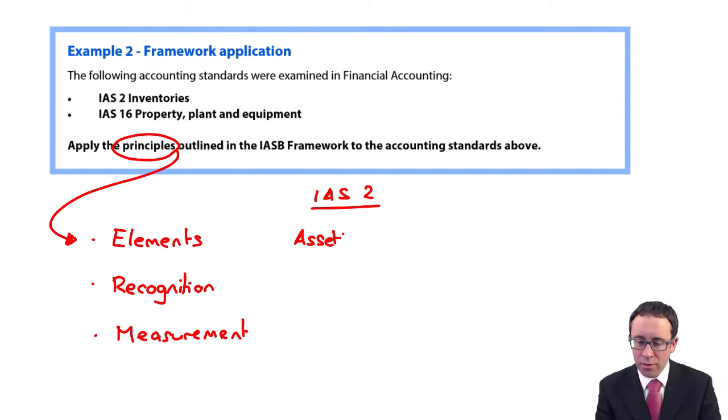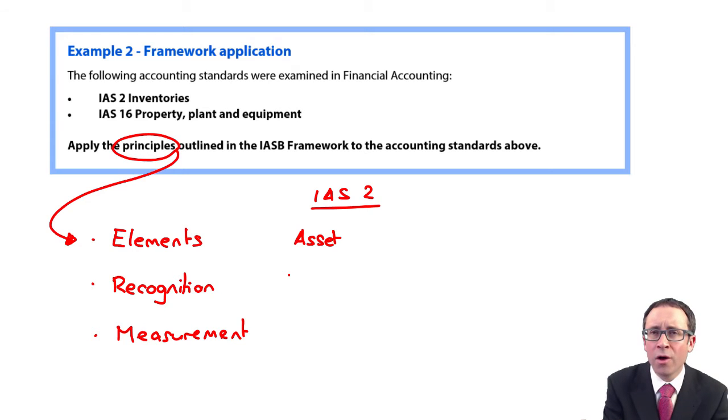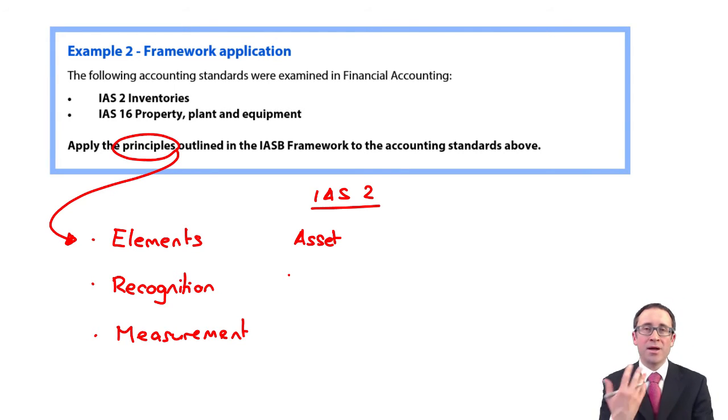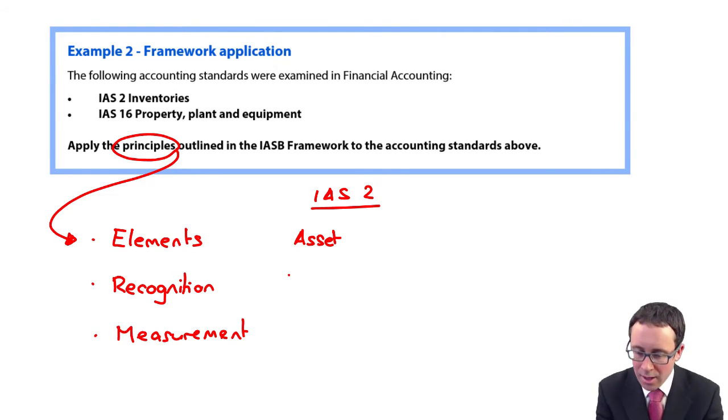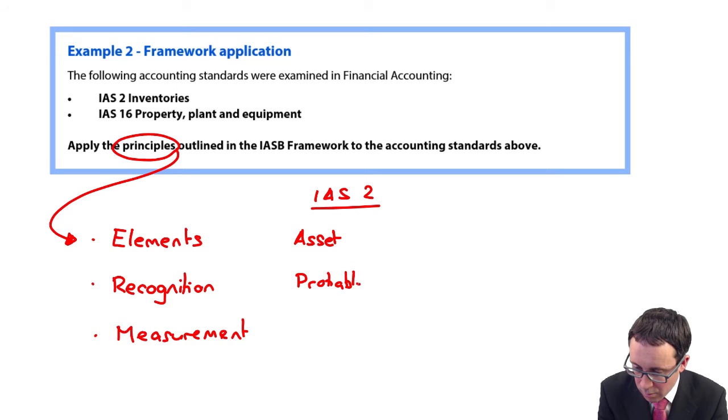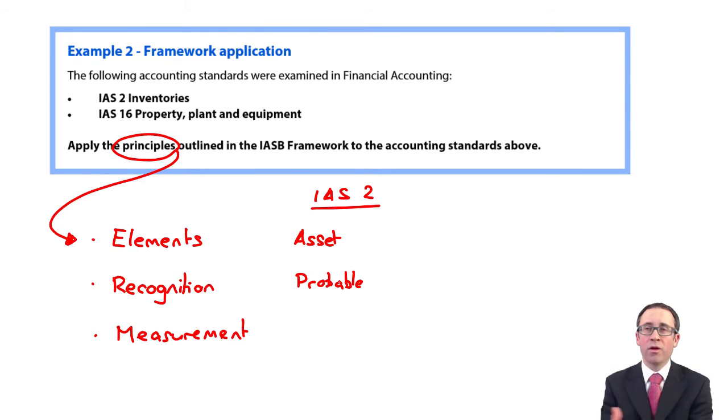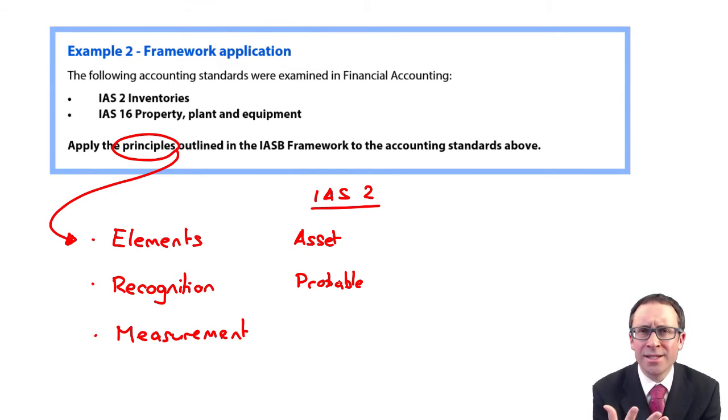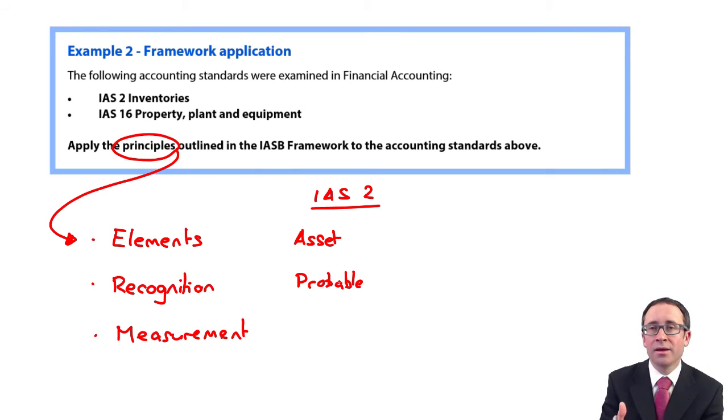Okay, in terms of the recognition, go back to the criteria: probable inflow of economic benefit and measure reliably. Okay, so here it is probable that we're going to go through there and be able to sell it, isn't it? It's more likely than not that the inventory that we have, we will be able to sell it. If we can't, then we'll probably still sell it, but at a much reduced amount, won't we?